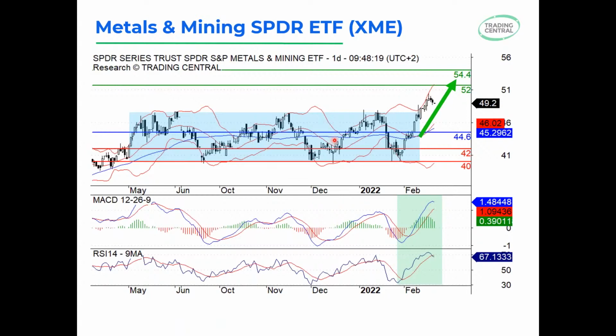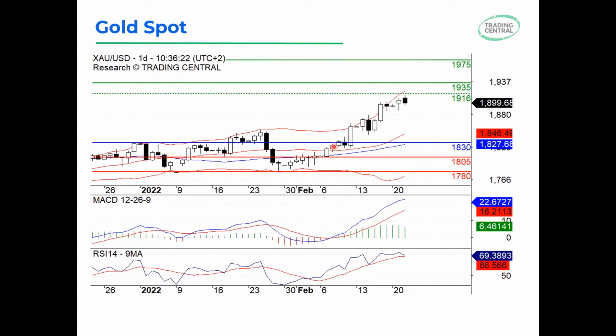Speaking about metals, you will think about what? Of course, gold. We have heightened geopolitical tensions, and gold recently is doing well. Have a look. It is pressing against the upper Bollinger Band. Remember the Bollinger Bands?